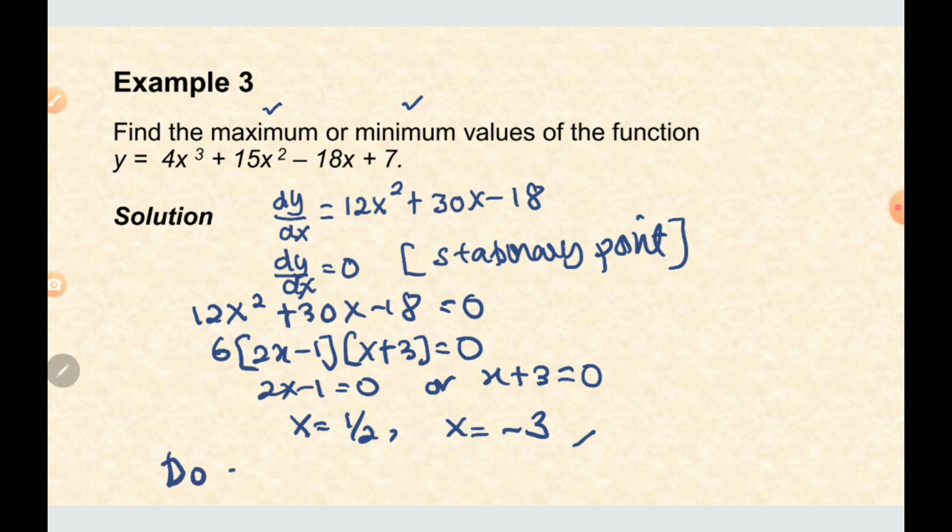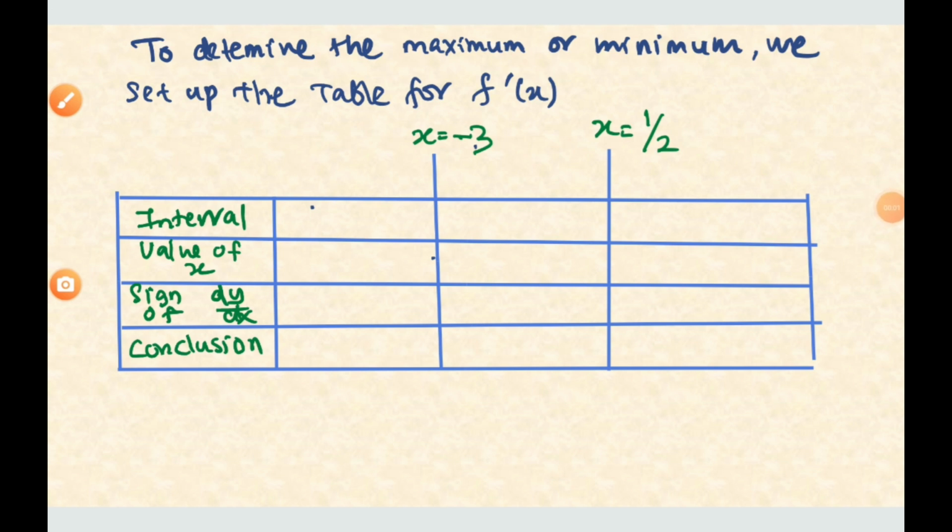So do the first derivative test. We will construct a table. To determine the maximum or the minimum point, we need to set up the table for f prime x first.